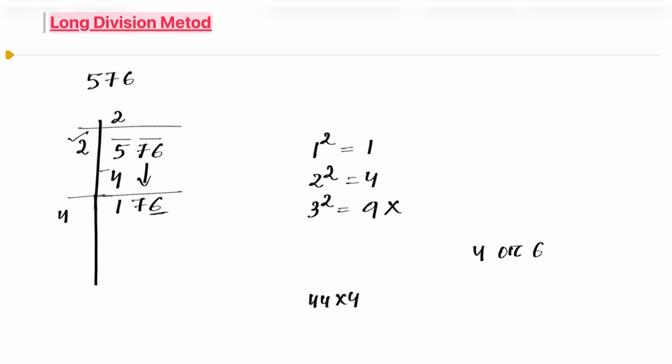Now we will multiply 44 by 4 and 46 by 6 to check in which case we are getting 176. 44 into 4 is 176. So our quotient is 24. Square root of 576 is 24.